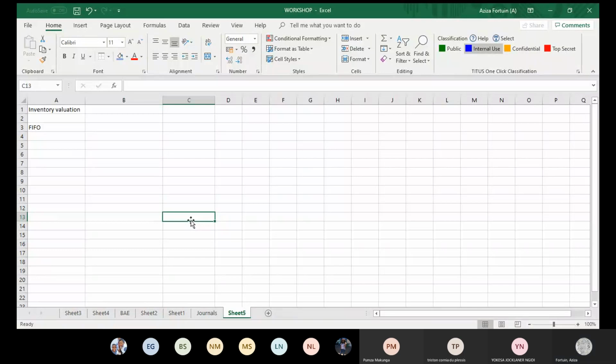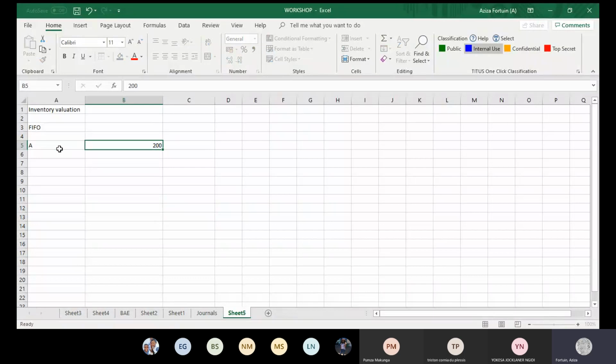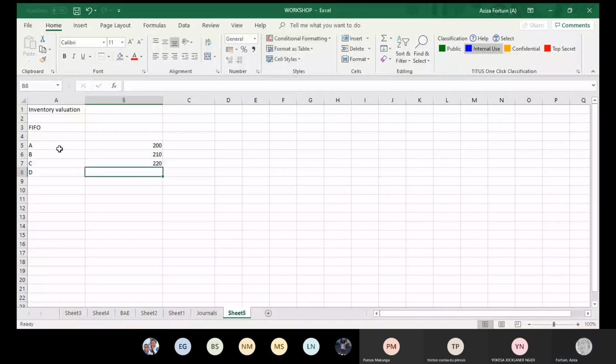You all with me? Because according to the FIFO method, let's just make here doll A was 200, doll B was 210, right? Doll C was 220, and doll D was 230.